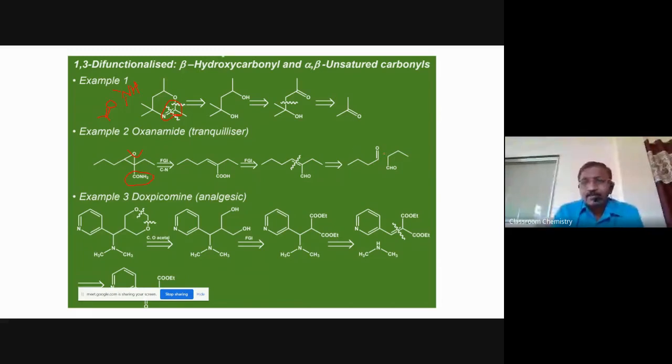Tell me, which reaction is it, which condensation is it? It is an aldol condensation. We can get alpha beta unsaturated aldehyde and then it undergoes oxidation, further we can get acid. So when we see the synthesis, this is an aldol condensation.